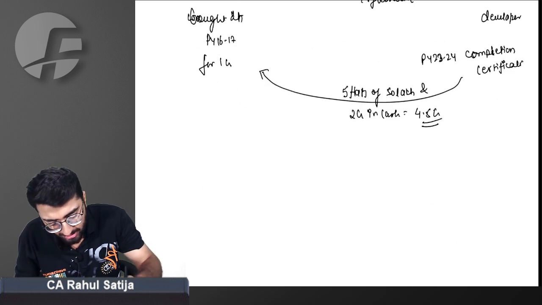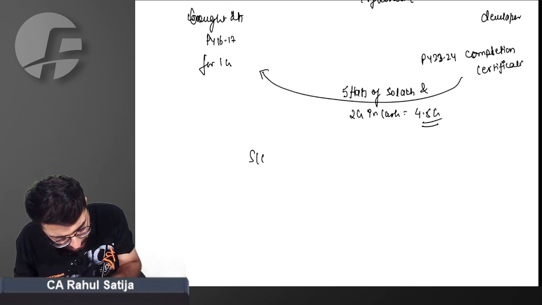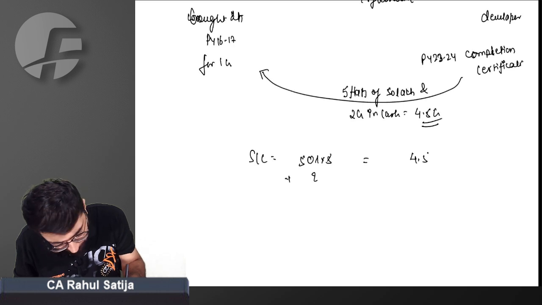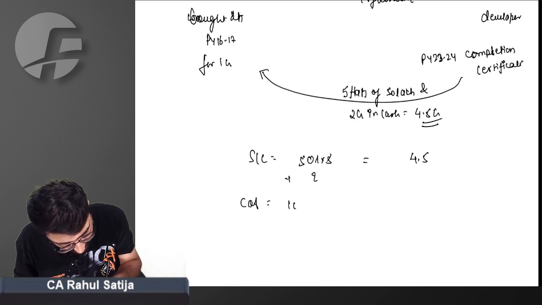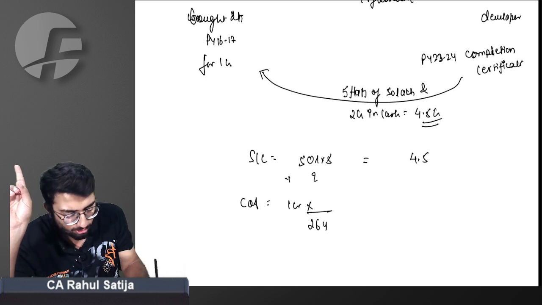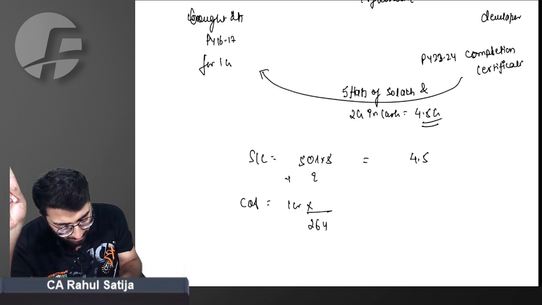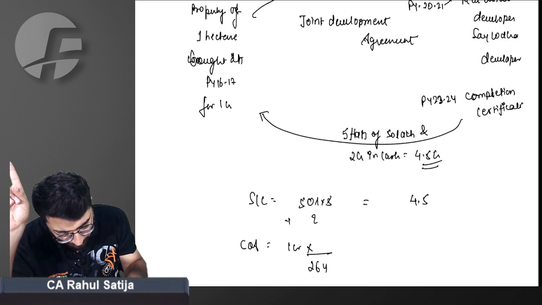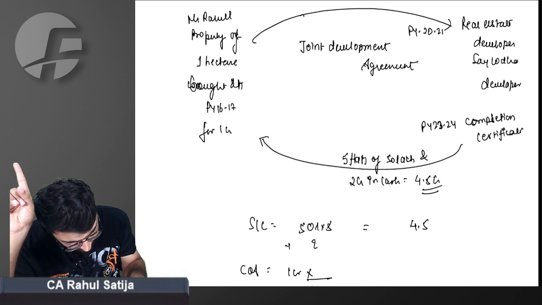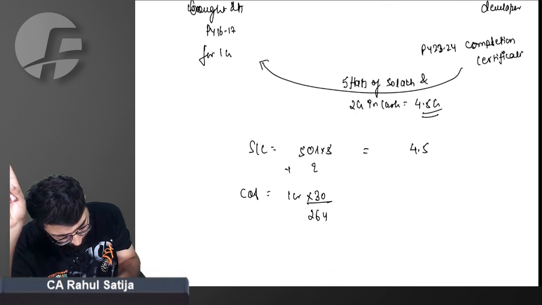How will capital gain be calculated? Just have a look. Sales consideration will be nearly 5 flats, 50 lakhs into 5 plus 2 CR, which will be 4.5 CR. Cost of acquisition will be 1 CR divided by CII of the year of acquisition 264 multiplied by CII of the year of transfer 301.